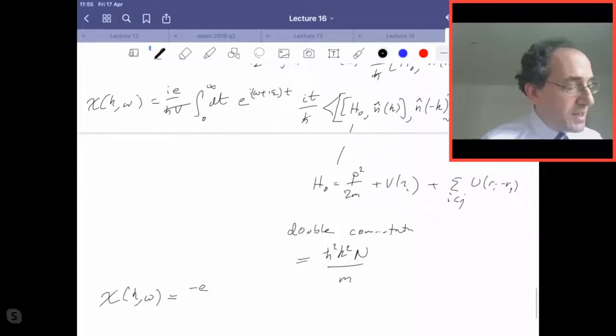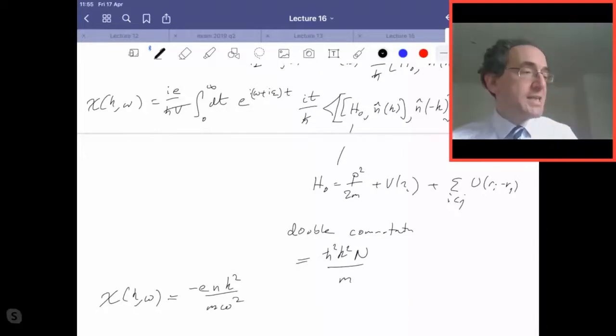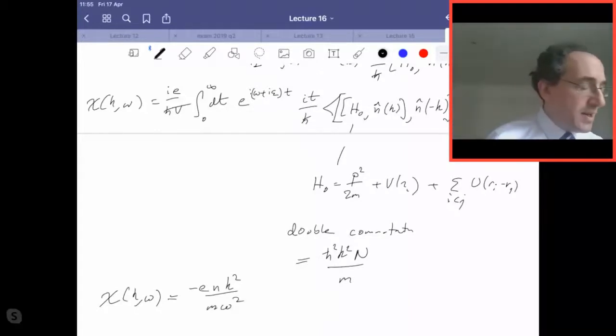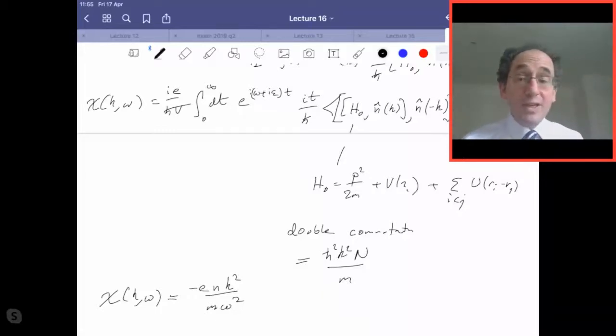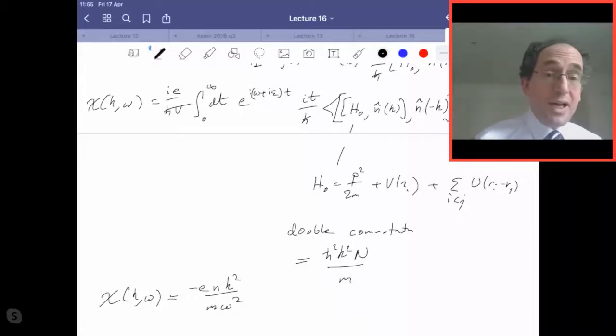So we get minus e density k squared over m omega squared, which is exactly the same result we had when we calculated explicitly from the Lindhard calculation.